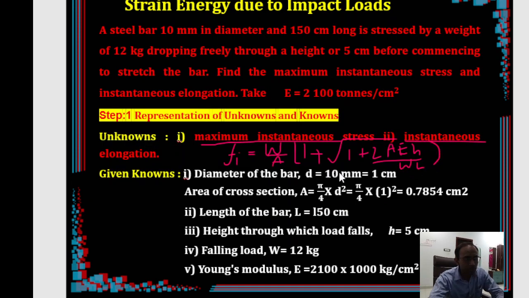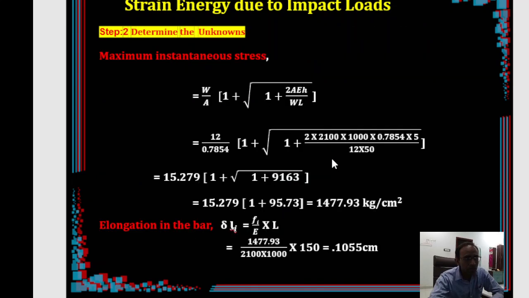This is the formulation. W was given, the falling load. Area you can find out because the diameter was given. H is the height of 5 centimeters, W we know, and L was also given, that was 150 centimeters. So straight away put it in this formula. That is W by A times 1 plus root over 1 plus 2AEH by WL. Simplification of that results in this stress.